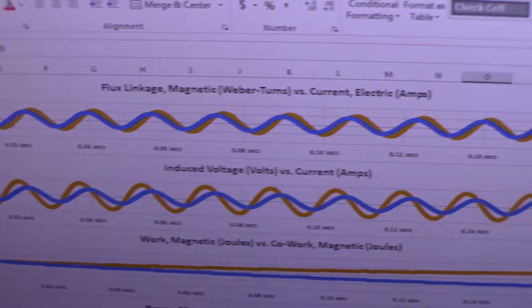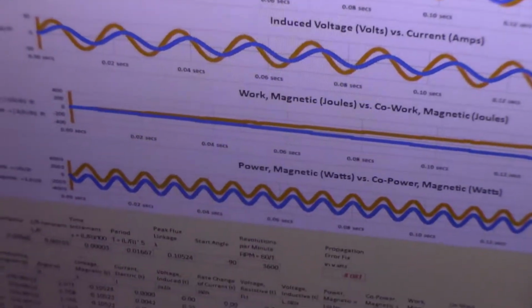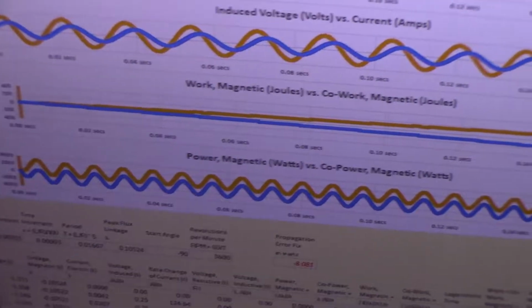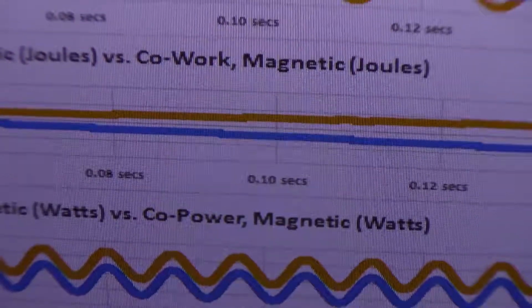So anyway, flux linkage, magnetic flux linkage, reduced voltage, currents, work and power. So these are like over here. These are related to the co-energy. You see this diverges.